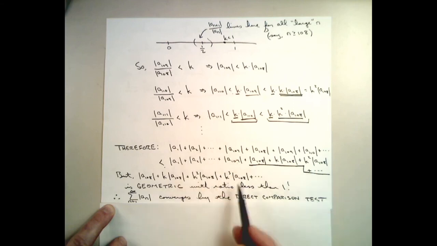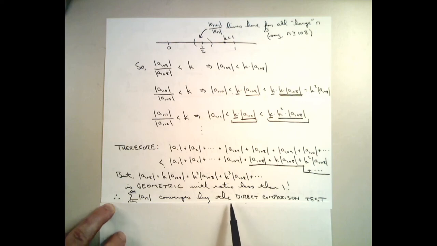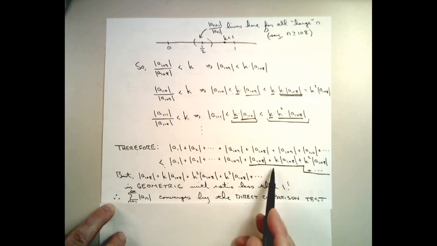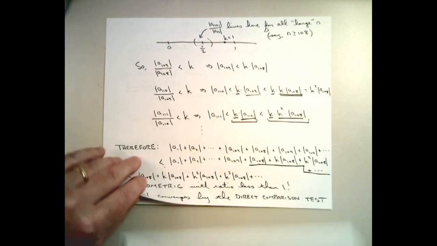And since I'm looking at the absolute values of all the terms, all the terms I'm looking at are positive, that meets all the criteria for the direct comparison test and tells me that since I have a series that is less than a convergent series where all the terms are positive, my original series converges.